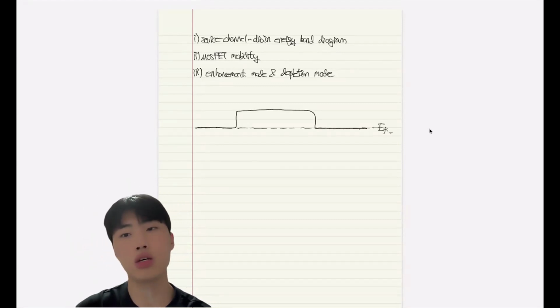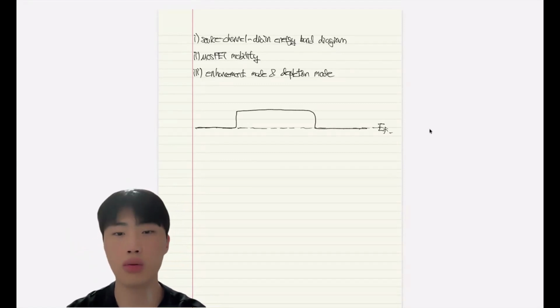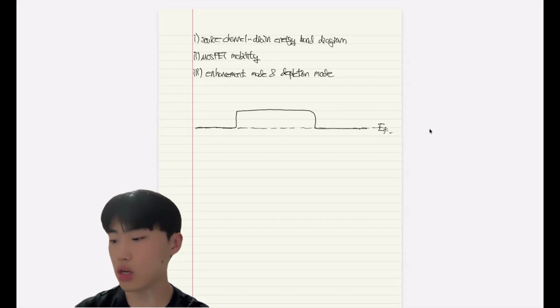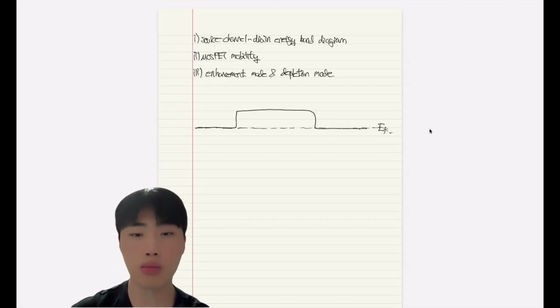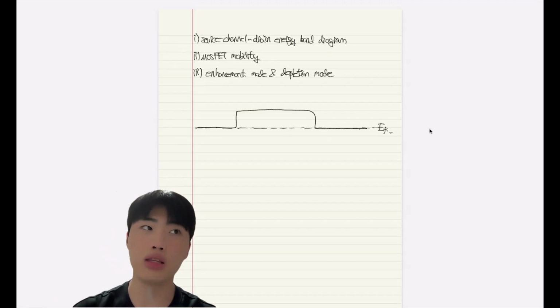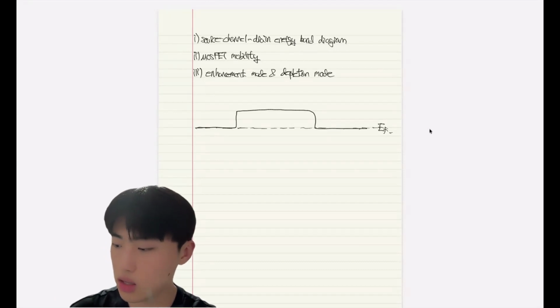We use N plus polysilicon on the metal side, so the Fermi level will be very close to the conduction band, and the channel part will be the P substrate, and the source and drain are N type semiconductor.